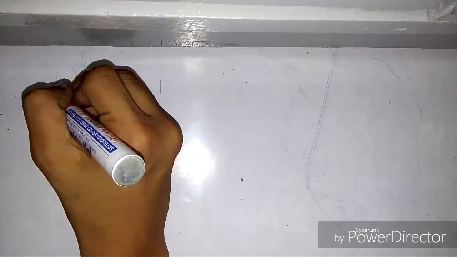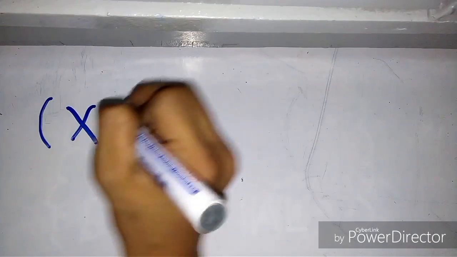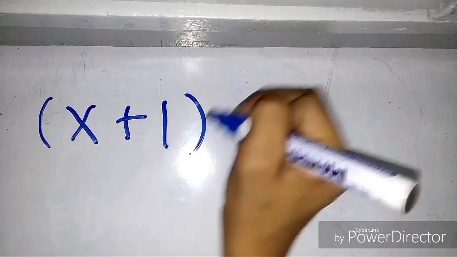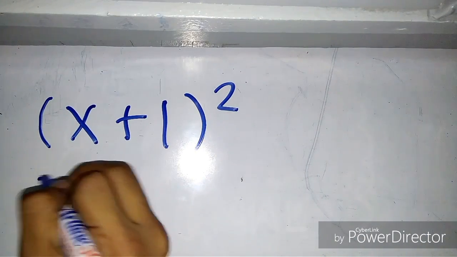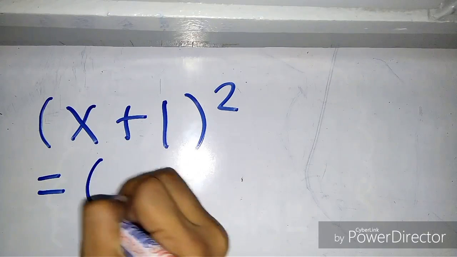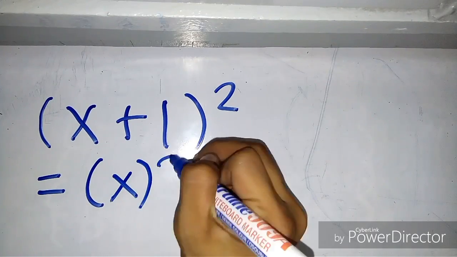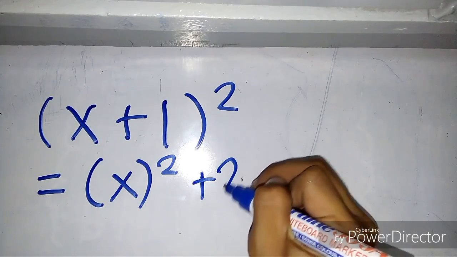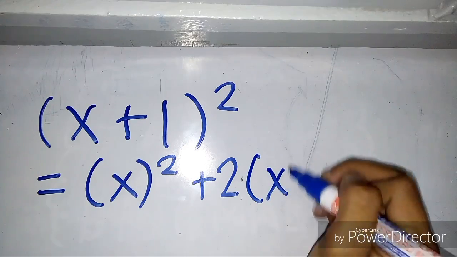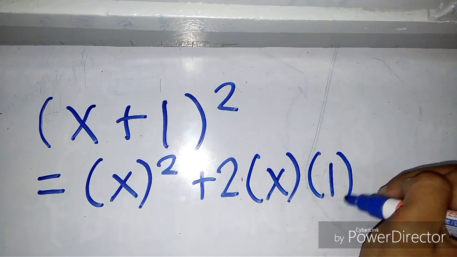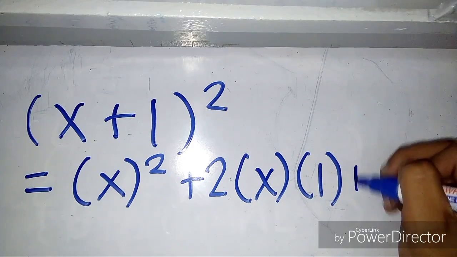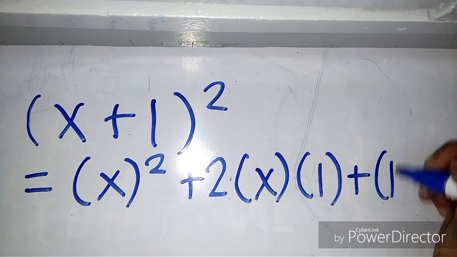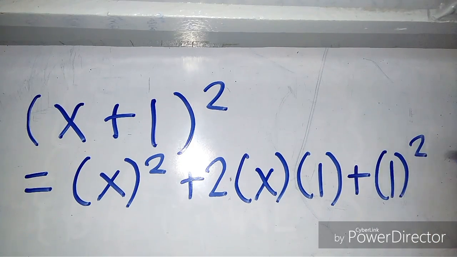We'll be using the example of the quantity of x plus 1 squared. What you're going to do is square the first term, and the product of the first term and the second term, which is x and 1, you're going to multiply twice. Then next we're going to square the last term, which is 1.